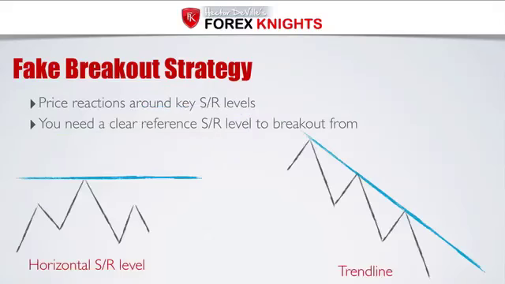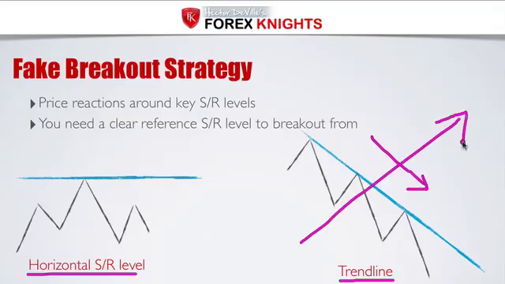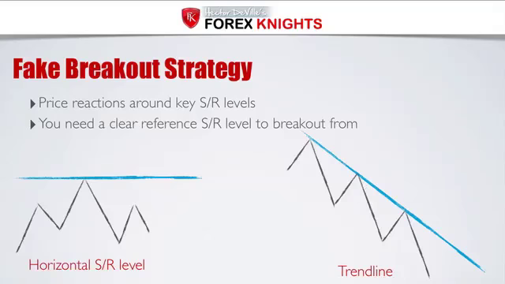Now, those levels of support and resistance can be of two types: horizontal levels of support and resistance, or diagonal levels of support and resistance, which is basically a trend line, regardless of whether it's a downward trend line or an upward trend line. It works either way. Regardless of whether the horizontal level is a resistance level or a support level, again, like I say, it works either way.